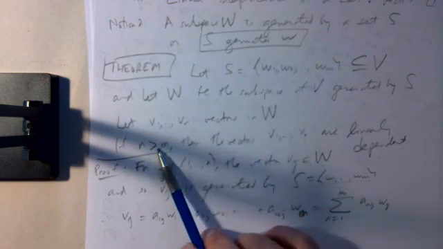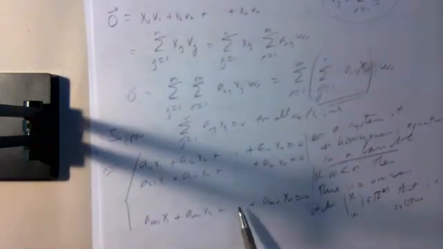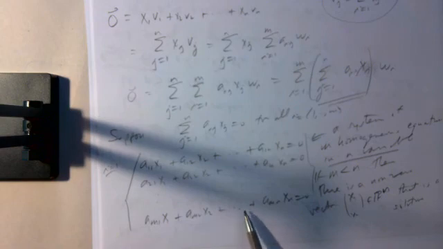So each of these vectors is a linear combination of the w's. And we're choosing more vectors than there are vectors in the generating set. And I wanted to prove that the vectors v1 up to vn are linearly dependent. And that comes down to knowing whether this system of homogeneous equations has a non-zero solution. And it does, because there are more variables than equations.